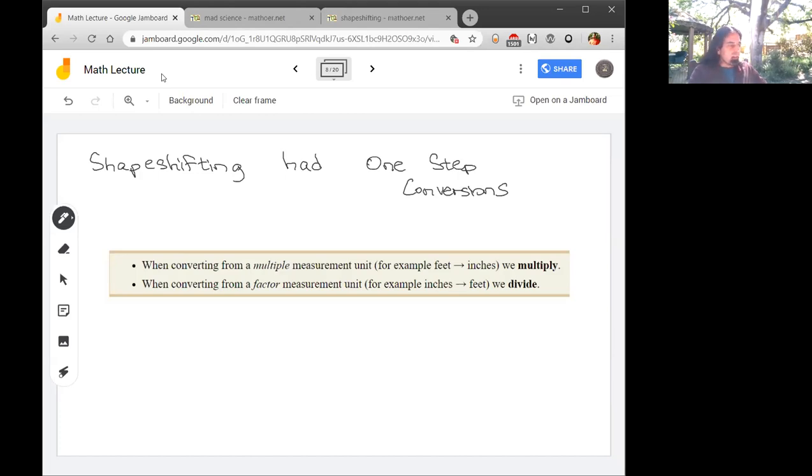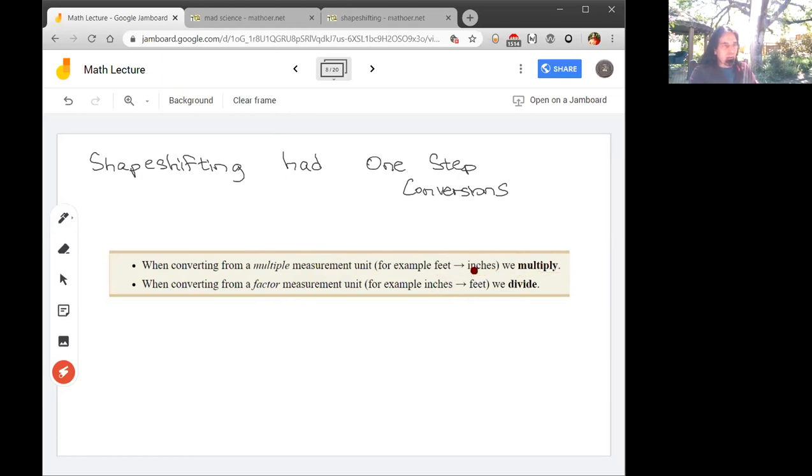So the idea was that if you are very good at converting from one measurement unit to another, because you do it often, you're a carpenter who uses feet and inches, you're a baker who uses tablespoons and cups or something like that, then these are nice things to have in your brain. When you're starting from a measurement unit like feet, that's a multiple of a smaller thing, then you're going to multiply.